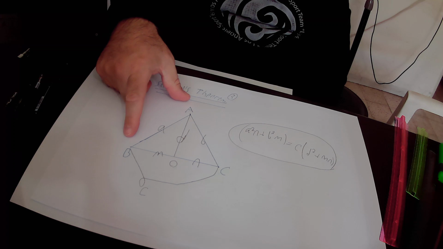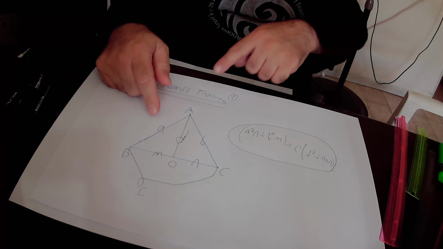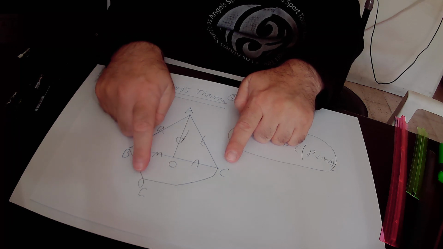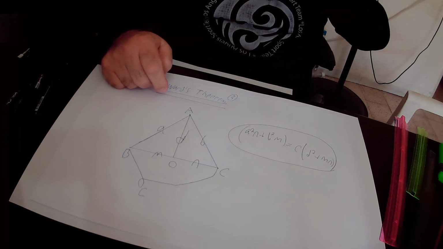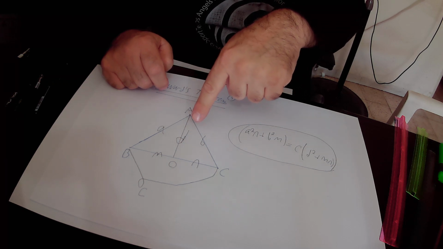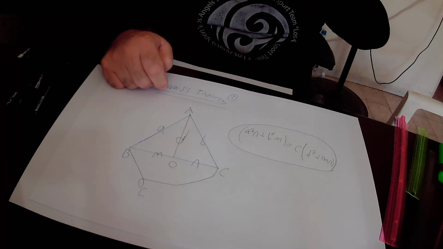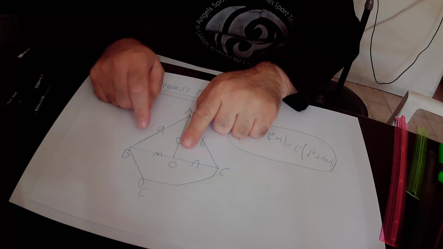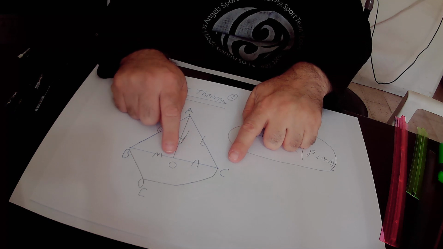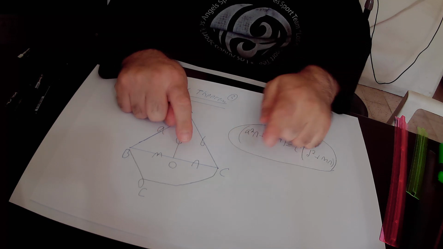We know that the length of side AB is A units, side AC equals B units in its length, and side BC equals C units in its length. We also have here line segment AO that is equal to D units in its length. Line segment BO equals M units, and line segment OC equals N units in its length.